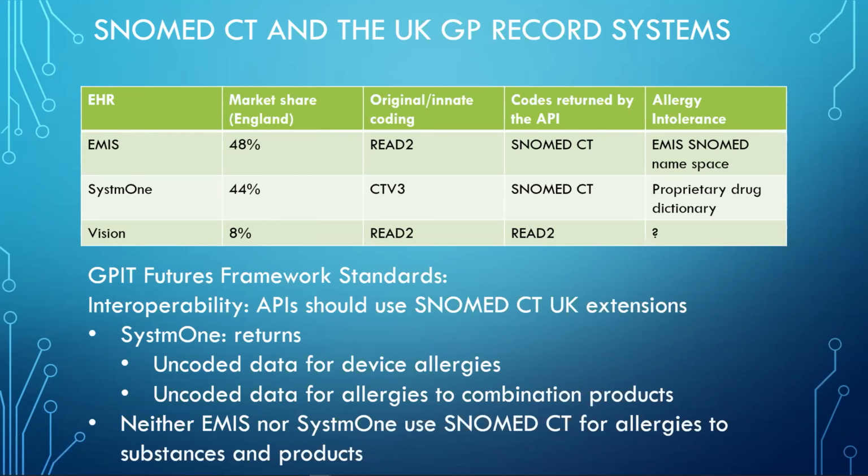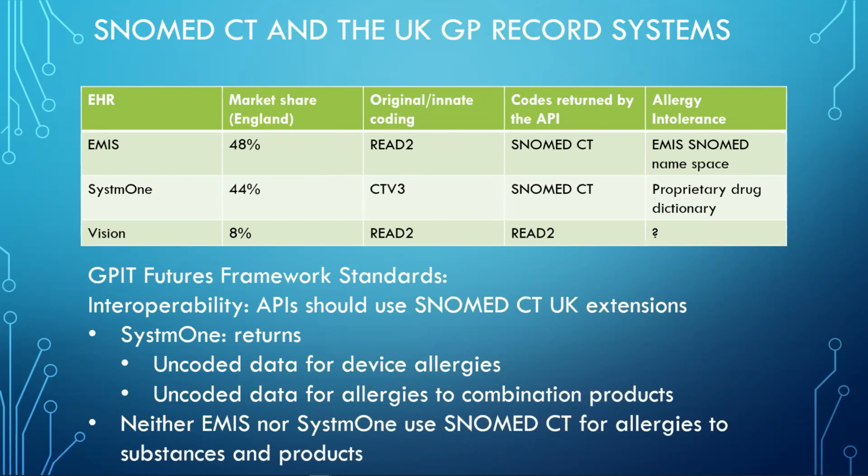Vision continues to export Read 2 in its API. How it deals with allergies and intolerance, we haven't worked out yet because we're just in the process of getting integrated with them. But one of the issues still is that the new contract, which came into place last year for the GP record systems, ordained that the APIs should talk SNOMED CT, UK extensions, and DM&D.